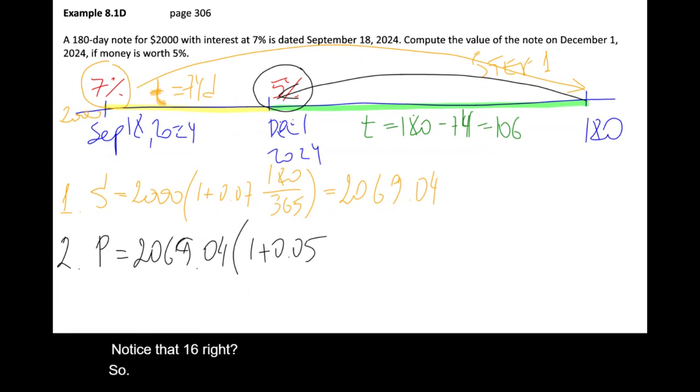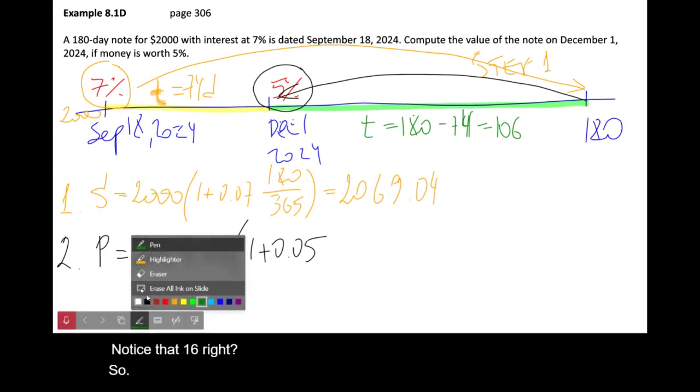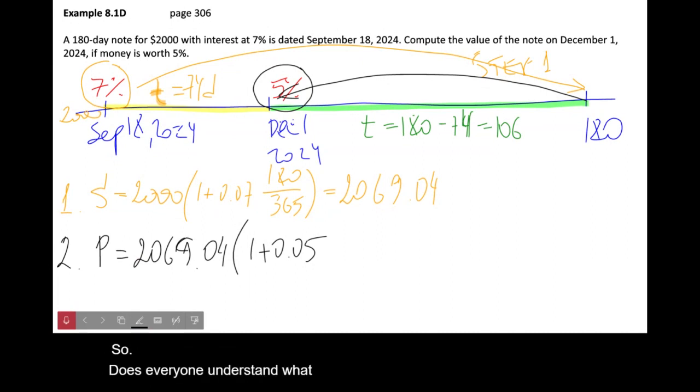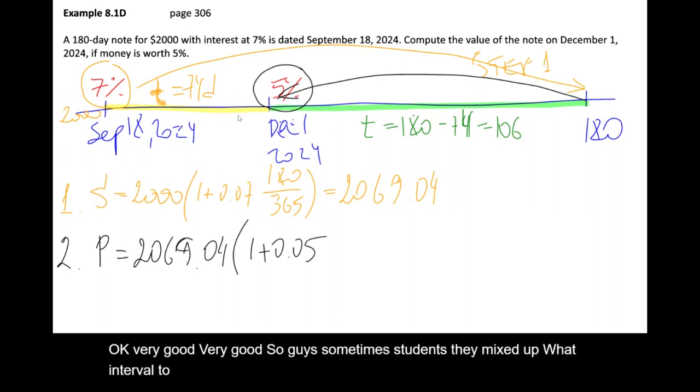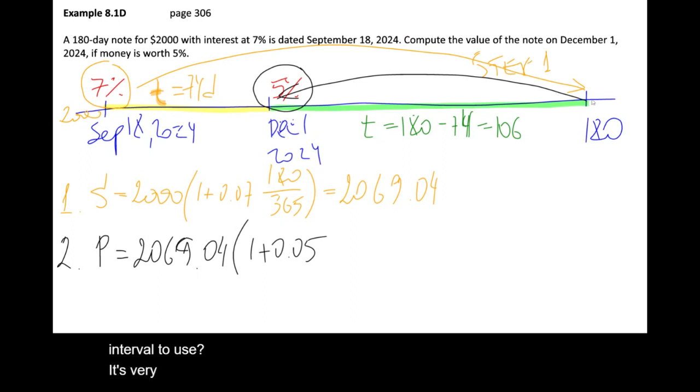Does everyone understand what we just did? Okay, very good. So, guys, sometimes students mix up what interval to use. Well, it's very easy. If you go from one point to another point, that's the interval between them, that's the interval of your interest, right?